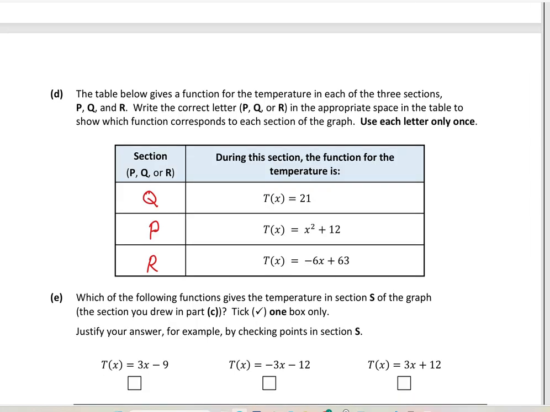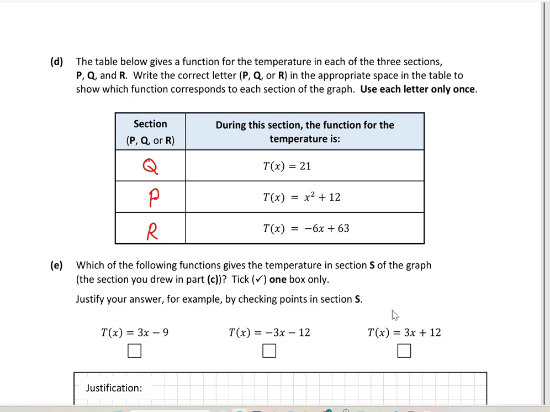All right, next one. Which of the following functions gives the temperature in section S of the graph? Justify your answer by checking points.